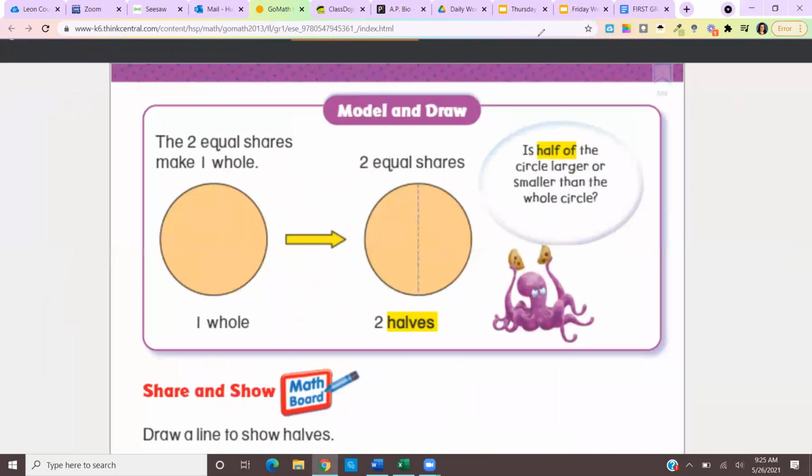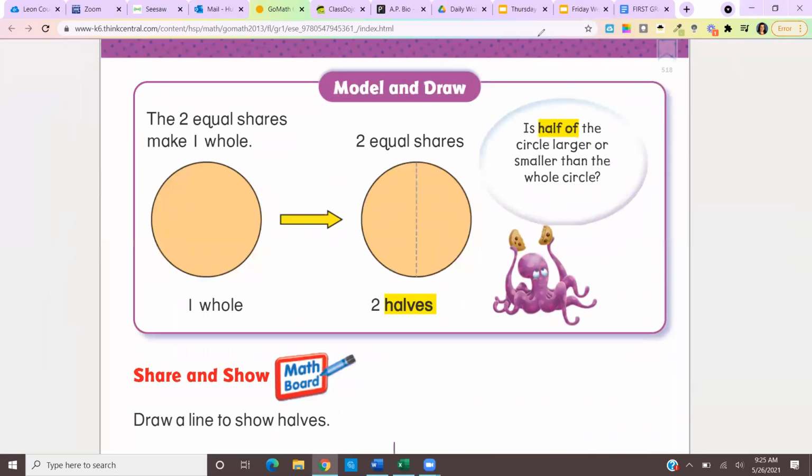Look in that purple box at the top where it says model and draw. The 2 equal shares make 1 whole. 2 equal shares are also the same thing as 2 halves. Is half of the circle larger or smaller than the whole circle?